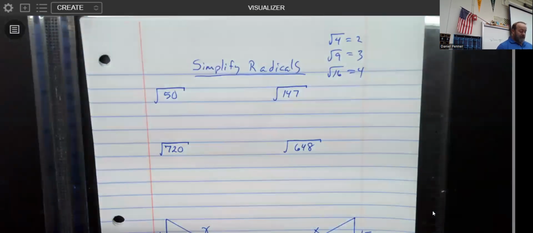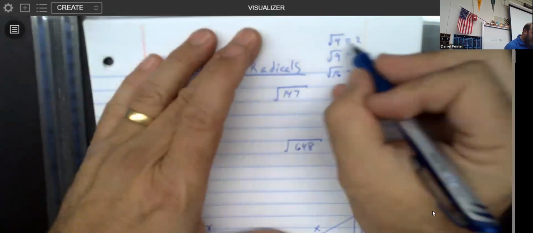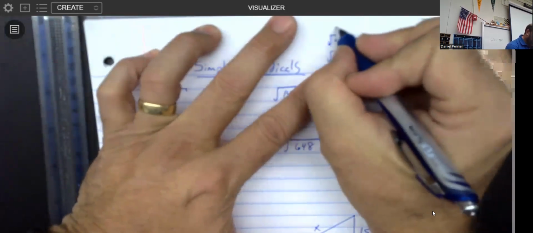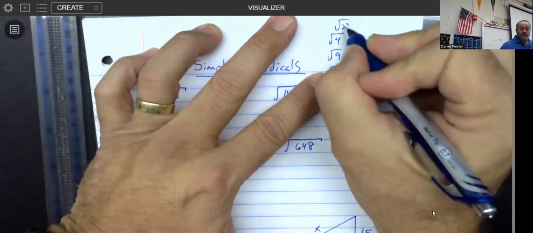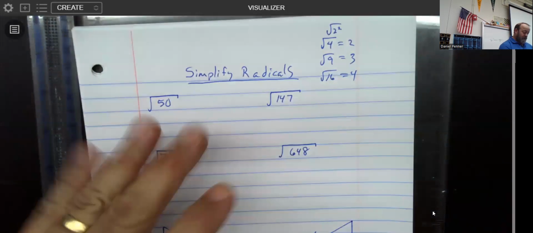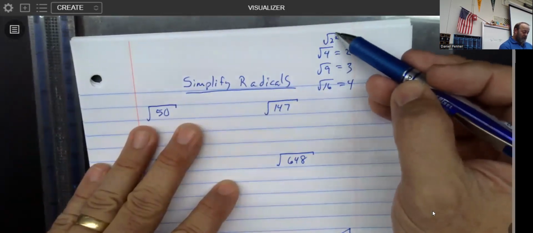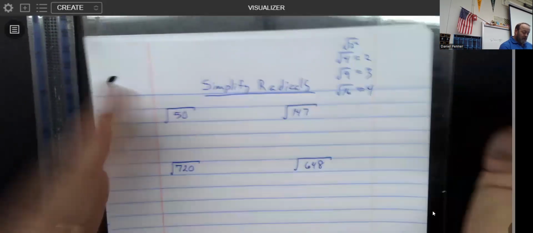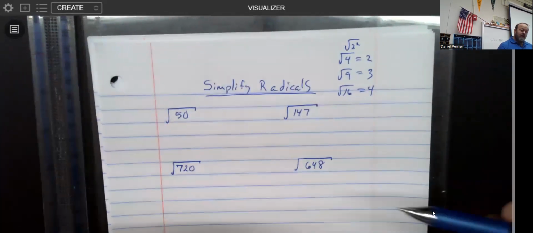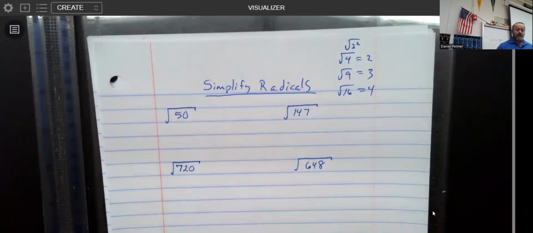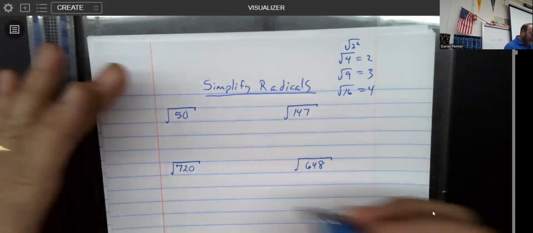That's because 2 squared is 4, and a square root and a square are inverses of each other, so they cancel out. As long as we're looking for a square root, we want to find a square to perfectly balance that.